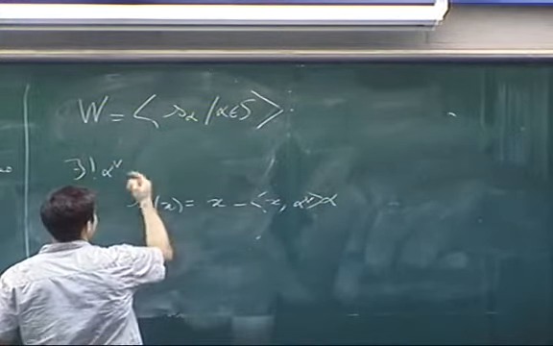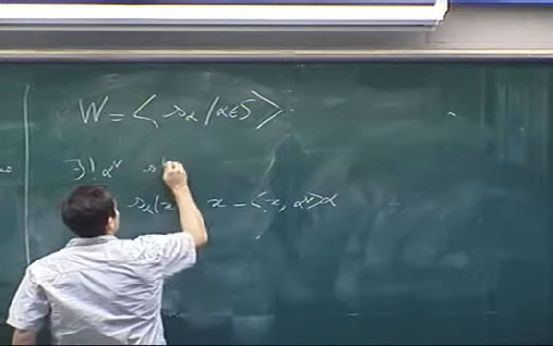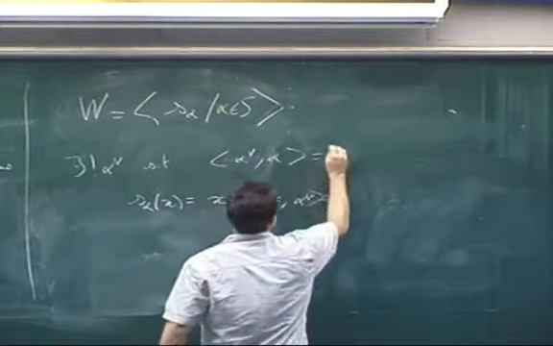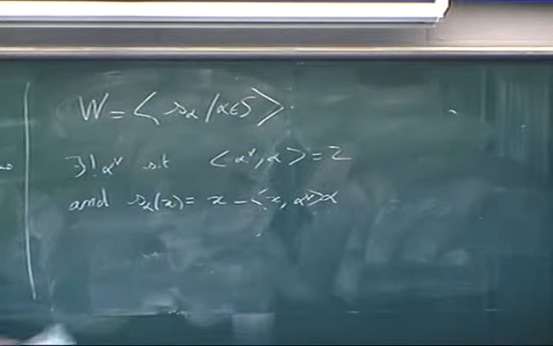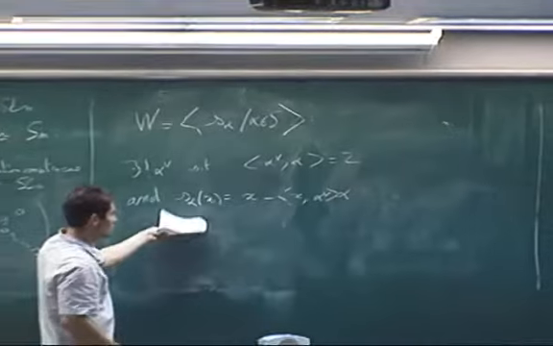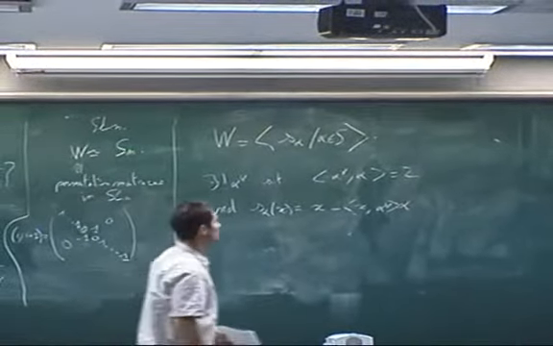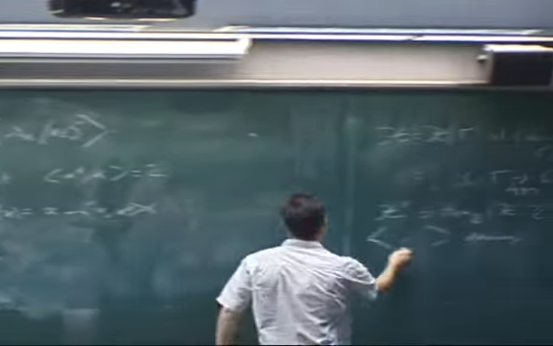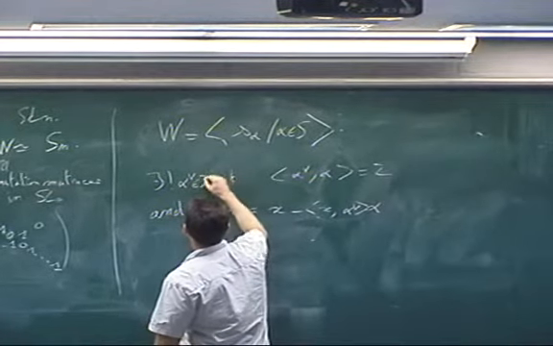There exists a unique alpha dual such that the pairing of alpha dual and alpha is equal to 2, and we can express the reflection as this difference. So this is a number. This is the pairing I use here. So alpha dual is in chi dual.